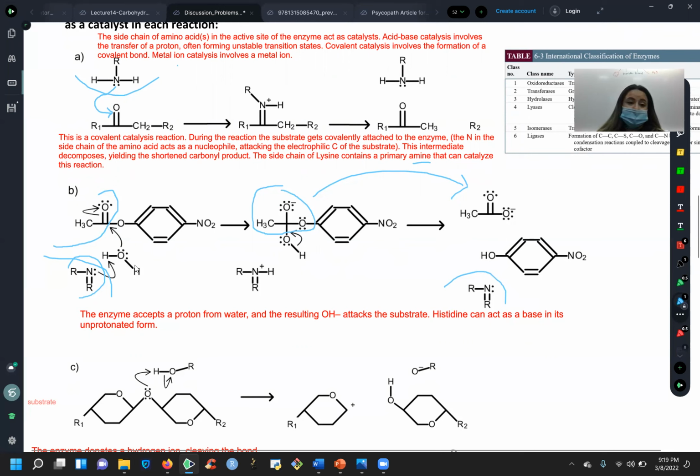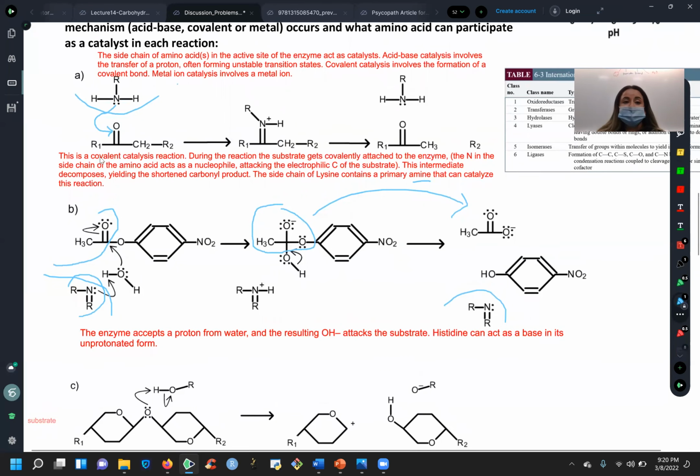Yep, we saw that there. The OH attacked the substrate. Histidine can act as a base in its unprotonated form. So this is histidine, and that table will show you because it has this double bond to the R. And that's how you know that it's different from this guy.